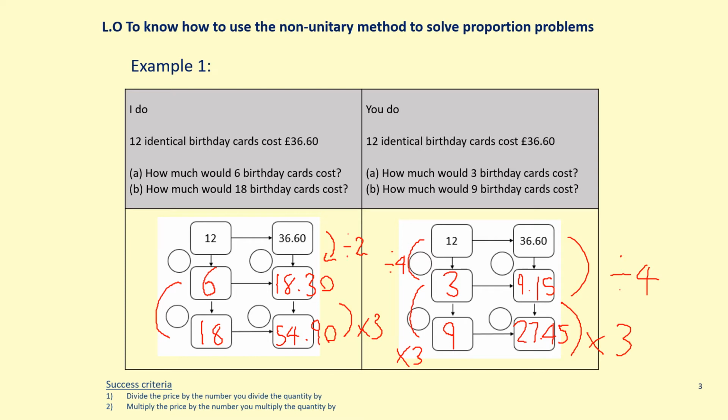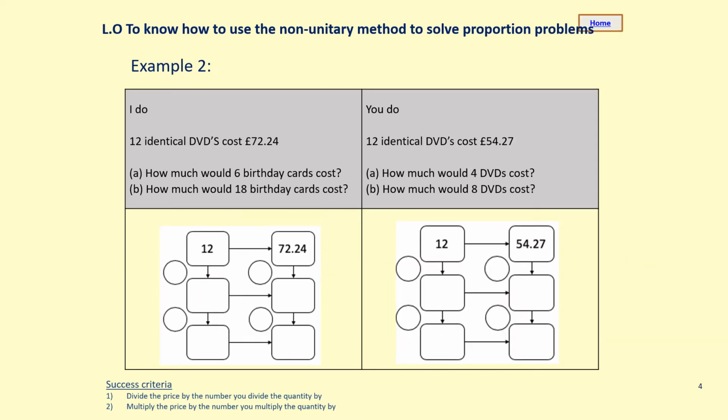Okay, so for example 2 now. So the I do says 12 identical DVDs cost £72.24. And then it starts off by asking how much would 6 birthday cards cost. So similar to the last example, we've got 12 identical things costing £72.24 this time, and we're asked to work out 6.